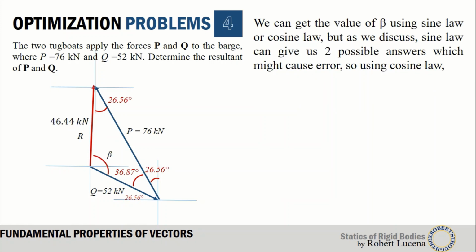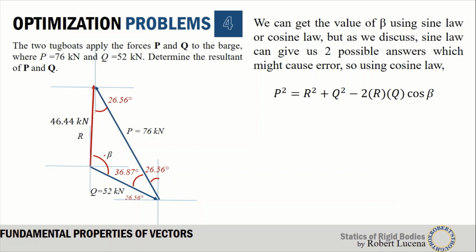The next thing we do is to get the direction of the resultant, and that is the angle beta. Now, we know that this is 26.56 and this is 36.87. We can still use the cosine law for this one, since we know the values of R, Q, and P. The angle beta is measured from this one.